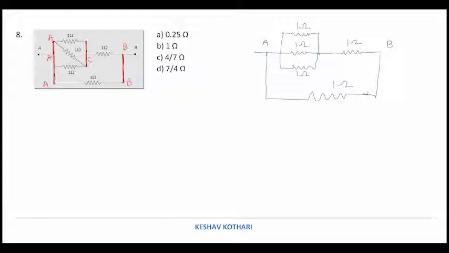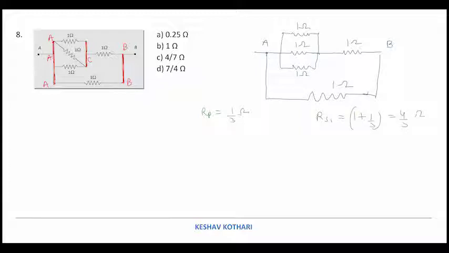So let us first of all calculate the value for this parallel network. Since all are 1, R parallel is going to be 1 by 3 ohm. And this is in series with this segment. So R series 1 is equal to 1 plus 1 by 3, that is equal to 4 by 3 ohm.